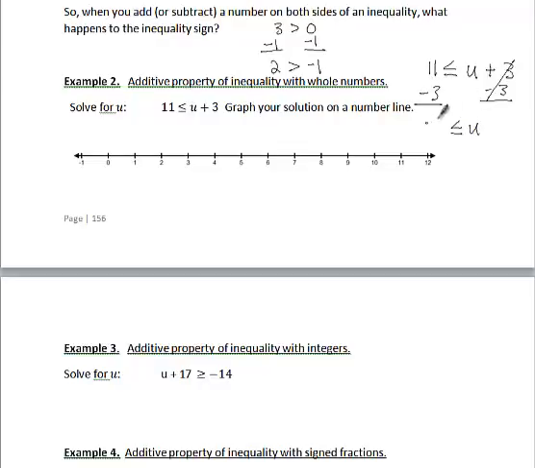We only subtracted, and so we bring down the same inequality symbol, and 11 minus 3 is 8. Okay, so now we have an accurate idea of which numbers satisfy this inequality, and those are u such that u is a number greater than or equal to 8.